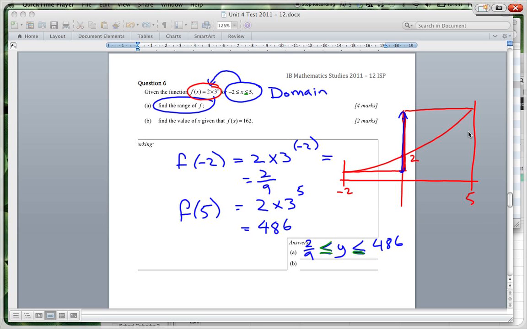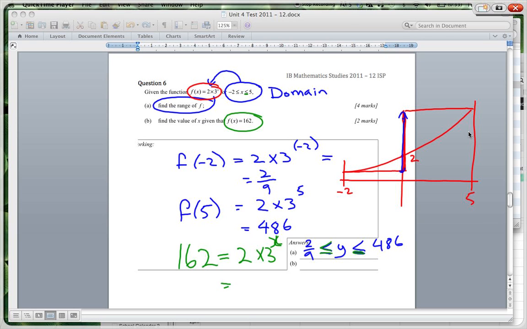All right, and then find the value for x that gives you this. Now that worked out to be quite easy to do, because you just put 162 is equal to 2 times 3 to the x, like that. When I divide both sides by 2, there were quite a few of you that multiplied this 2 times the 3 and said 6.